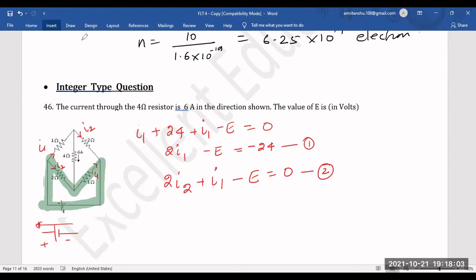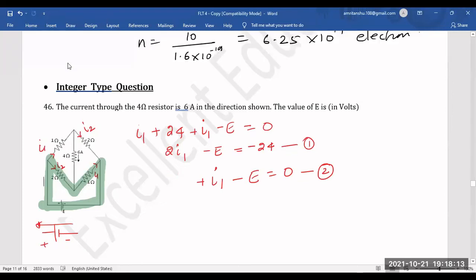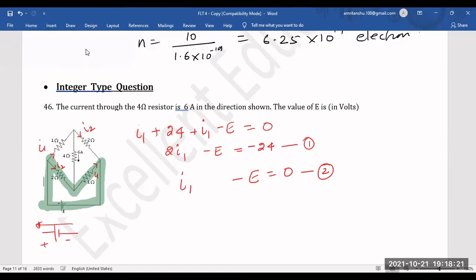I'll put it in proper sequence: I1 minus E plus 2I2.